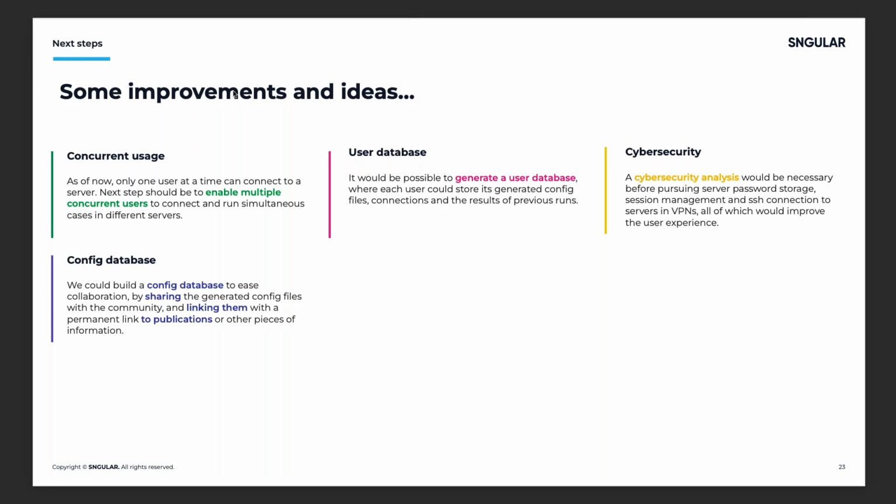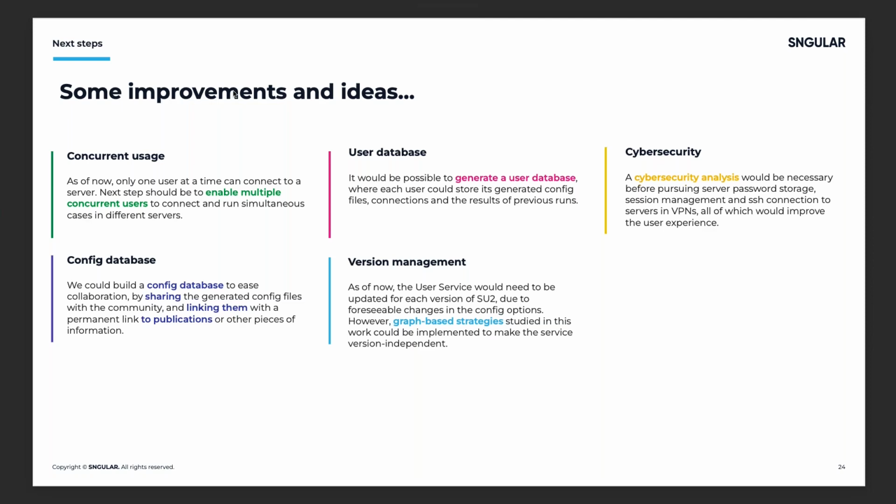And then we thought of more community-oriented things. For example, a config database that you can share, where you can store your config files. You can say, this is the config file that was run for this application, and maybe you can download it and start working with that. Version management: now we're just using one version.